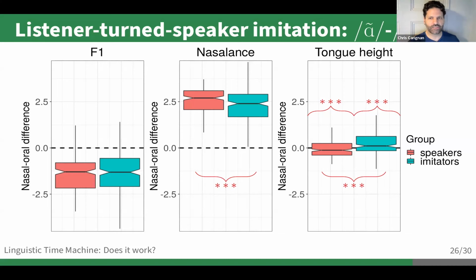Precisely what we think happened in the development of nasal vowel systems, for example, like in French or Portuguese, where you see this sort of raising of low vowels when they become nasalized. But the difference is we were able to capture this sort of in more or less real time in the laboratory.